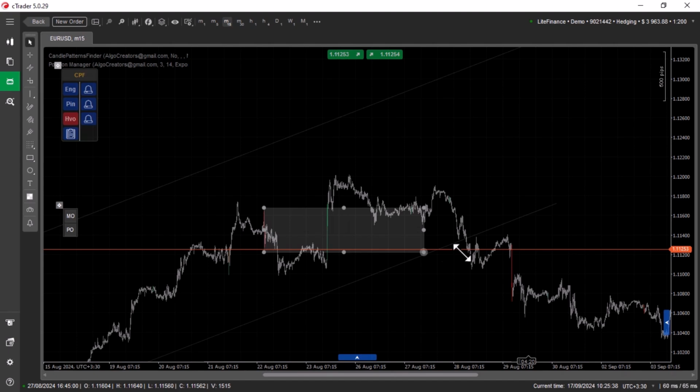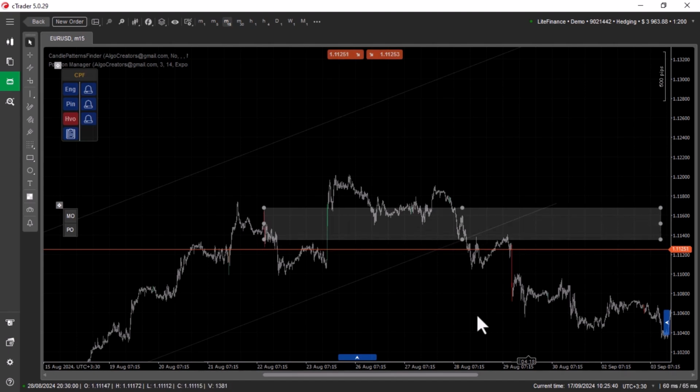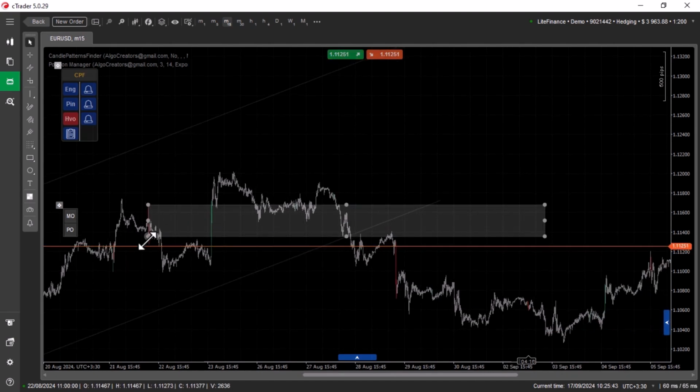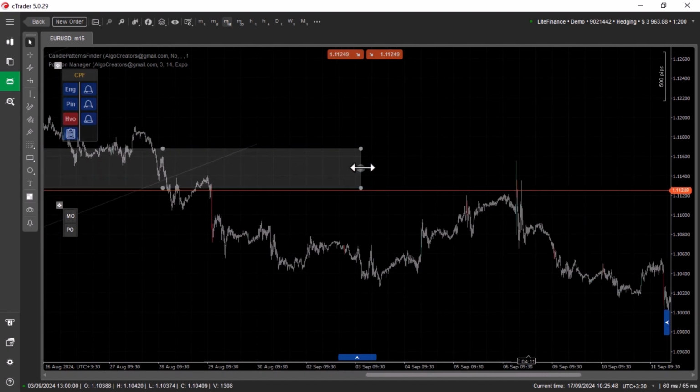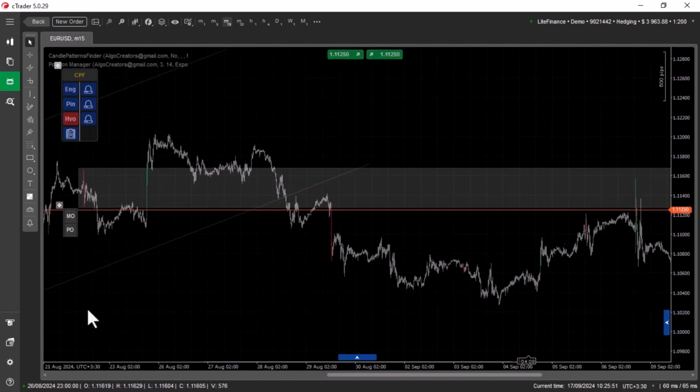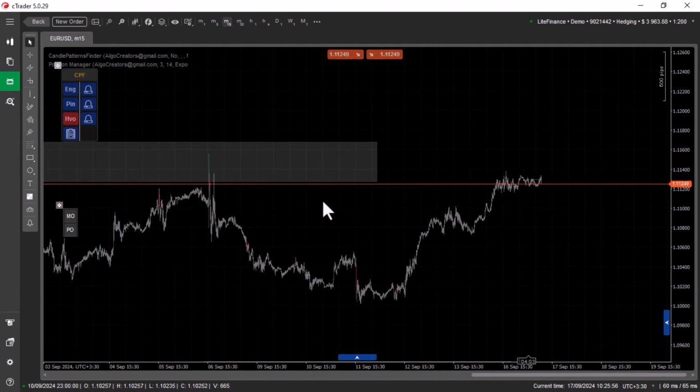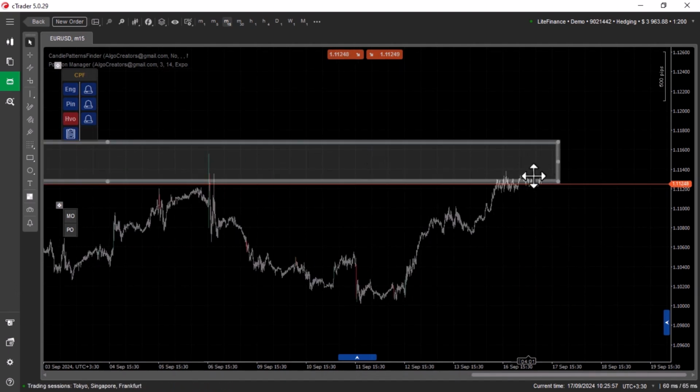By marking this area, we could have concluded that the price might react well to it. As you can see, the price is currently within this price range.